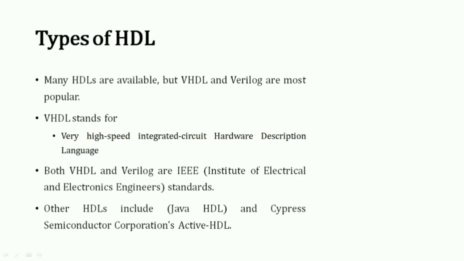IEEE is an institute which gives standards for protocols or languages like this. Next, other HDL languages include JHDL, that is Java HDL, and Active HDL from Cypress Semiconductor Corporation, a company which has its own HDL.